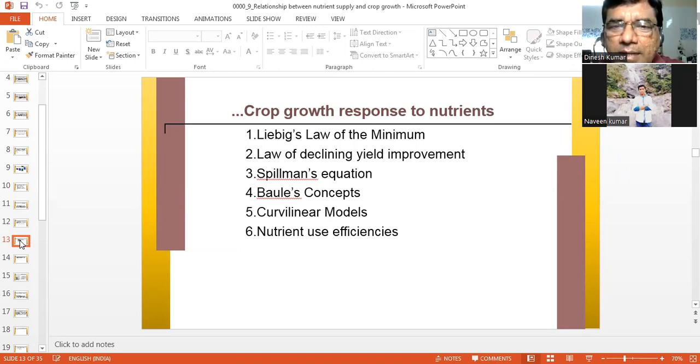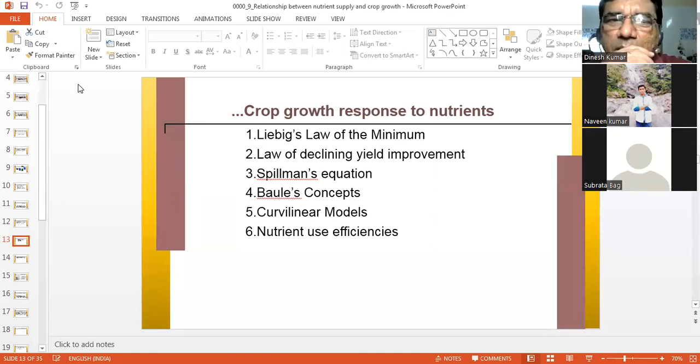You studied principles of crop production? Yes, sir. Did someone teach you about Wilcox agrobiology? Yes, sir. Okay, so some of these must have been covered, particularly this law of declining yield improvement.